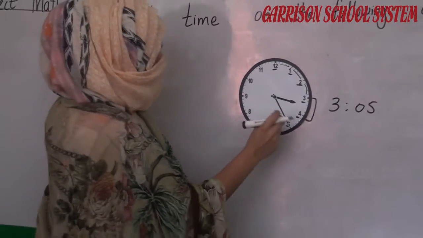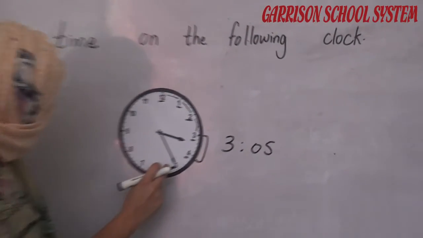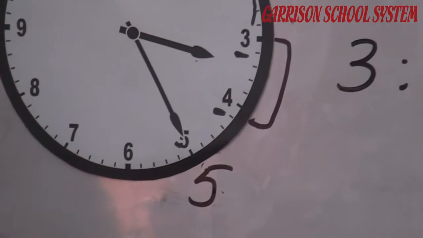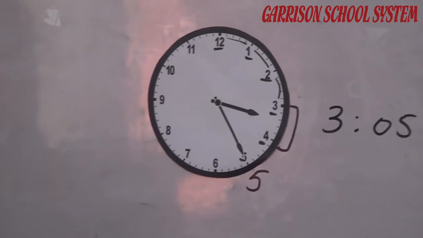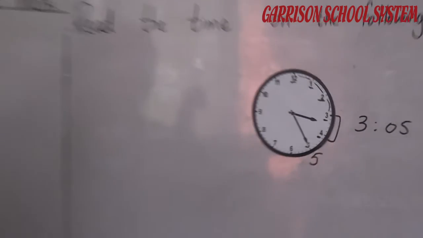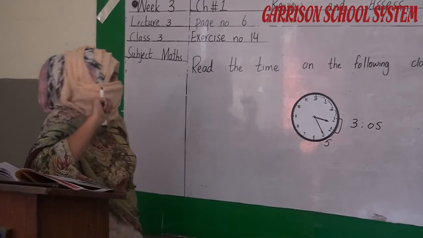For example, here our larger hand is pointing to the number 5. So in this method you have to recall the times table of 5. We have to use the times table of 5 in this method.